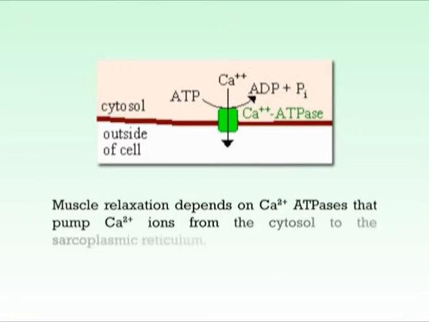Muscle relaxation depends on calcium ATPases that pump calcium ions from the cytosol to the sarcoplasmic reticulum. In these two ion pumps, phosphorylation of the alpha, which is the catalytic subunit, and changes in the conformational states are essential for coupling ATP hydrolysis to transport of sodium, potassium, or calcium ions across the membranes.